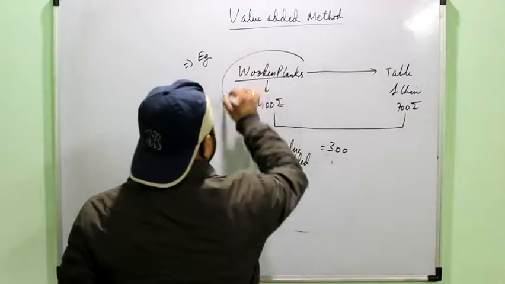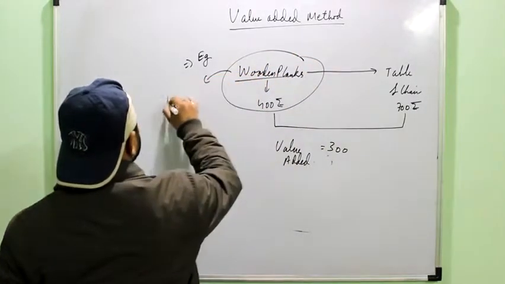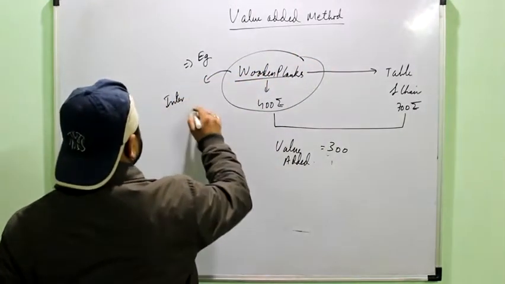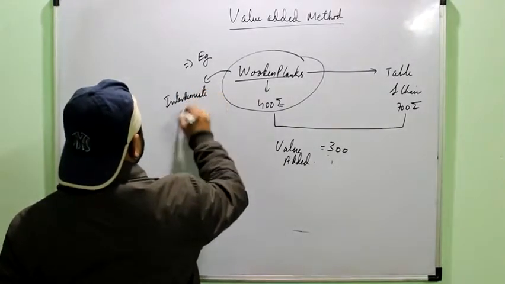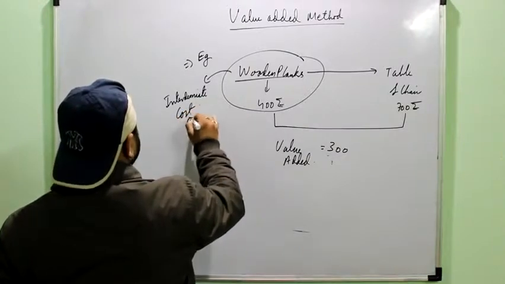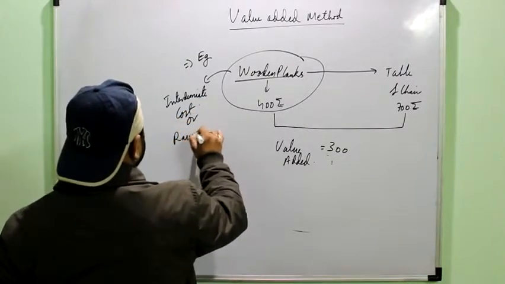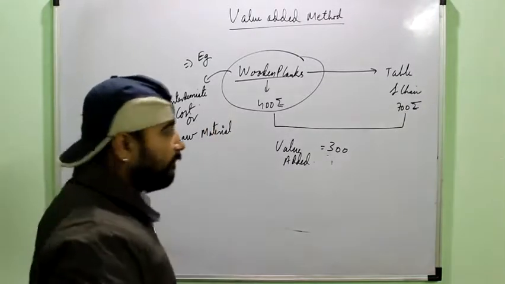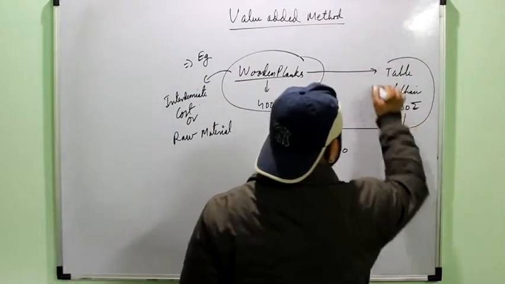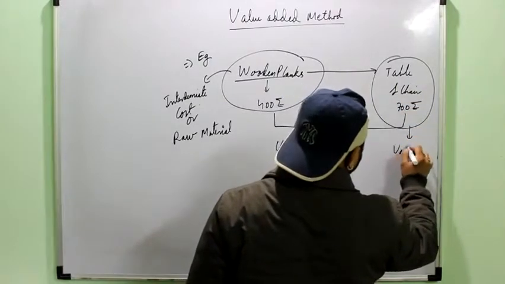This is known as the intermediate cost, or it is the cost of raw material, or the purchase of raw material. This is known as the value of output.